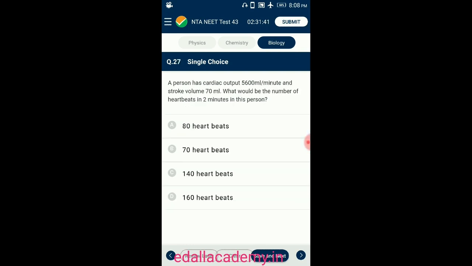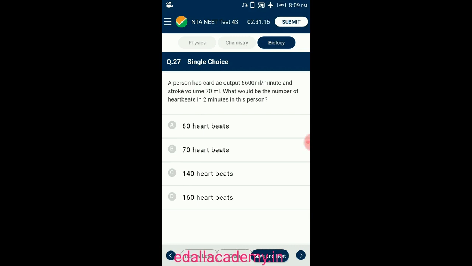Question number 26. A person has cardiac output 5600 ml per minute and stroke volume 70 ml. What would be the number of heartbeats in 2 minutes in this person? Cardiac output is equal to stroke volume times heartbeats per minute.